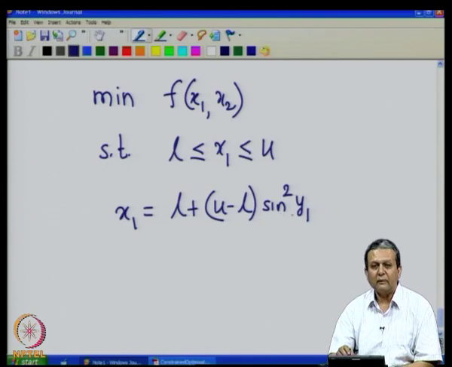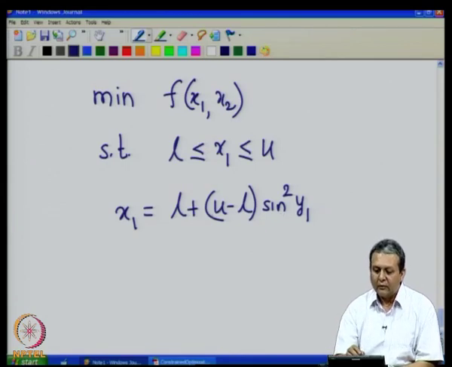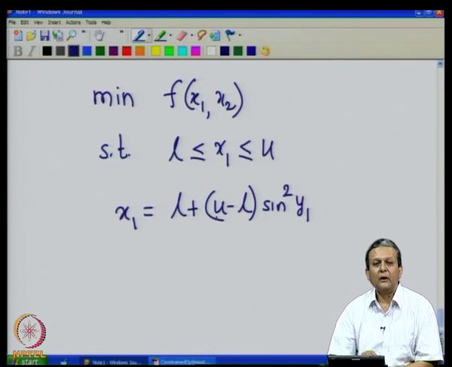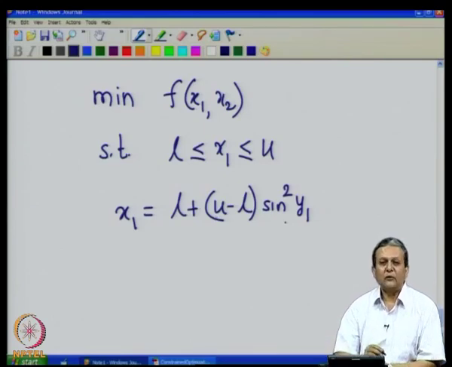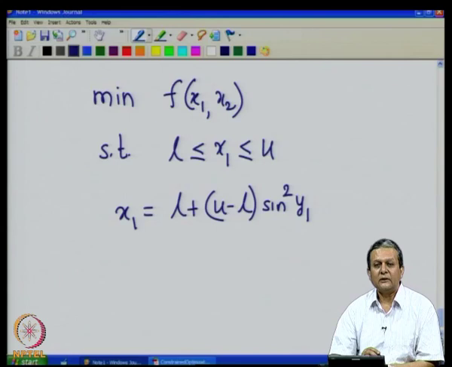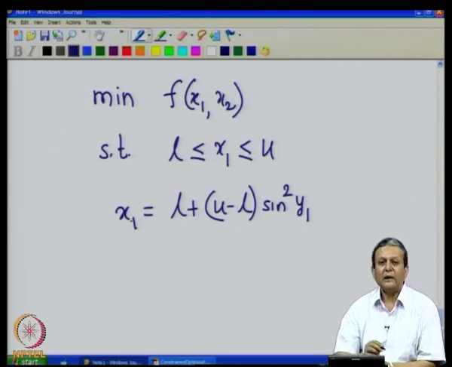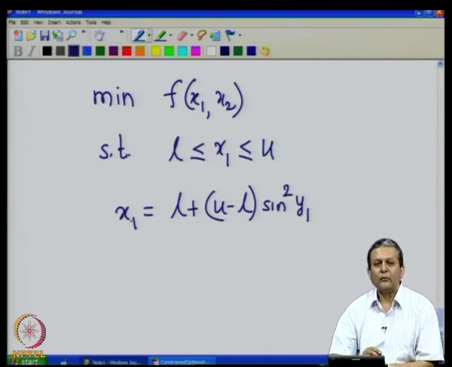So, when sin square y1 is 0, we have x1 equal to L, and when sin square y1 equals 1, we have x1 equal to u. Since sin square y1 varies in the range 0 to 1, x1 varies in the interval L to u, and y1 can be any real number.